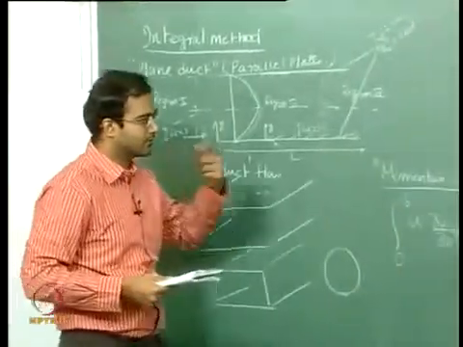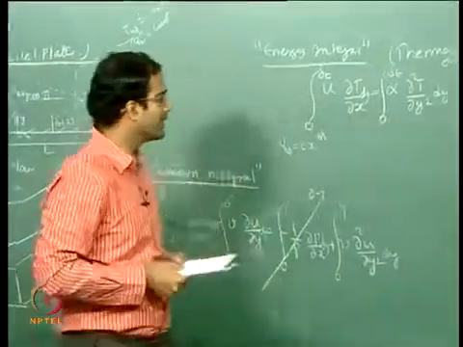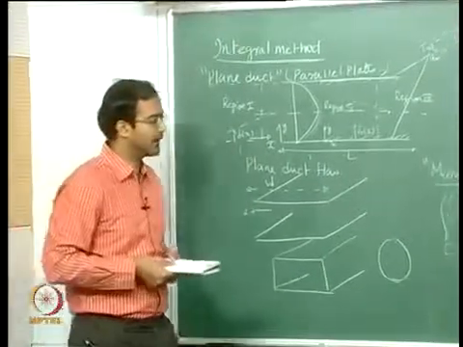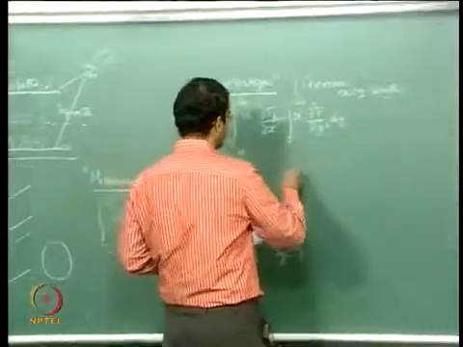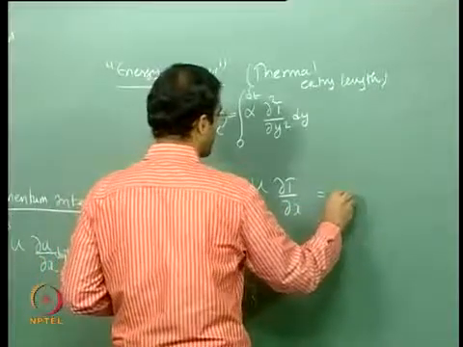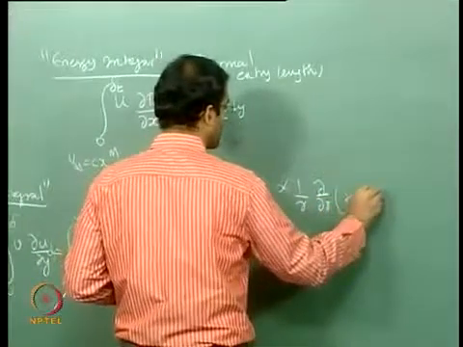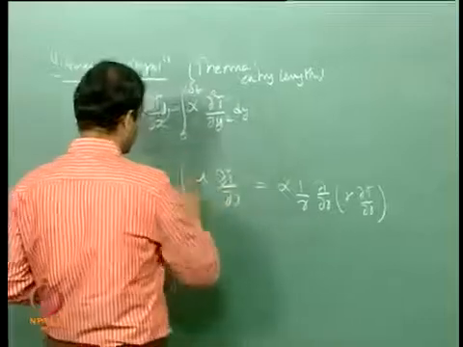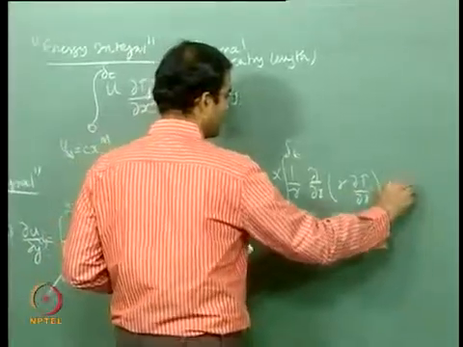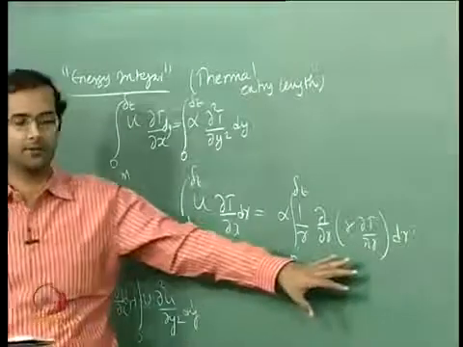Now once it comes to non-Cartesian coordinates, that is the circular coordinate, the case of circular duct, then you cannot even apply the energy or the momentum integral there. Why? Because you have a complicated term: u dT by dx is equal to alpha times 1 by r d by dr of r dT by dr. So now if you are integrating from 0 to delta t dr, this becomes quite difficult to evaluate.